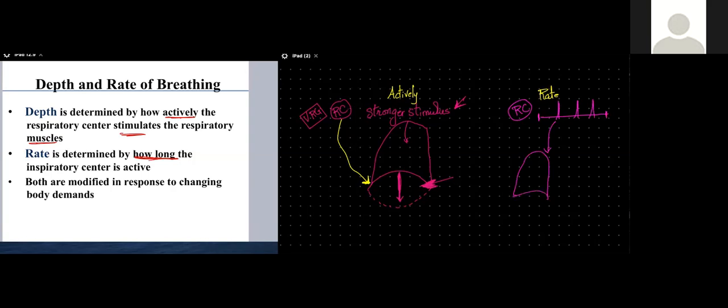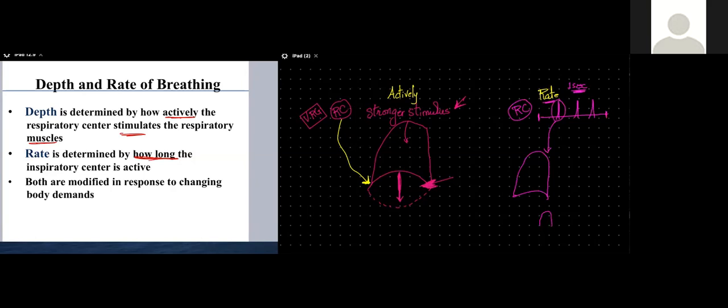So let's say here I stimulate the respiratory center for 1 second. Those are not accurate numbers, just to give you the idea. If I stimulate the respiratory center for 1 second, I will be performing only one stimulus that will be sent to the respiratory muscle. And one stimulus is going to result in one contraction.